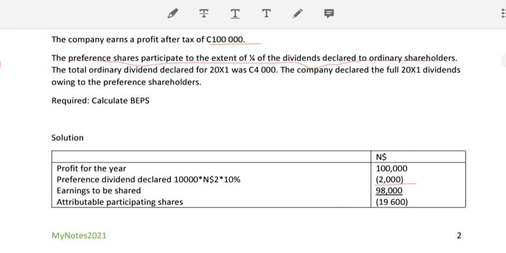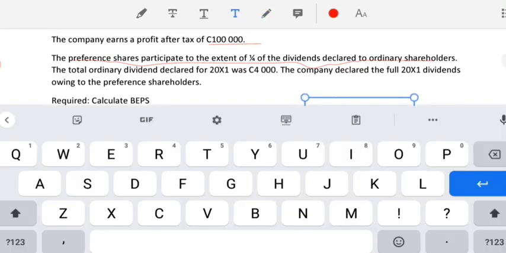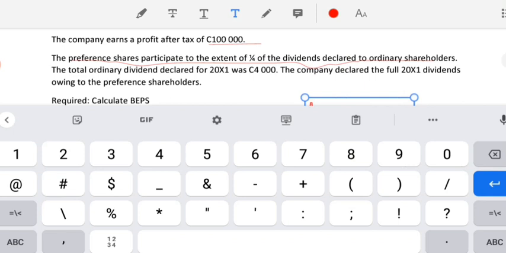Therefore, we are going to say this 98 divided by 5.